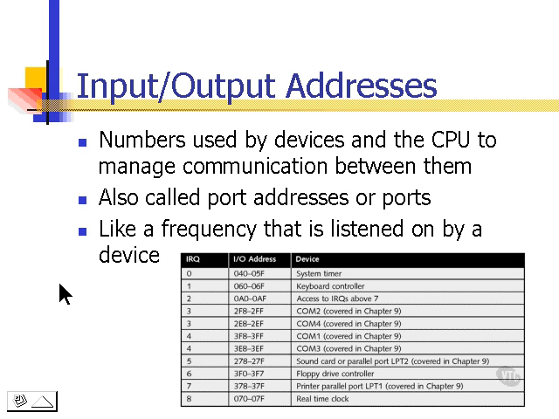Another resource that all devices need is an I/O address. An I/O address is a number used by that device and the CPU to manage the communication between the two. These are also called port addresses or I/O ports. It's kind of like a frequency that's listened to by a device.